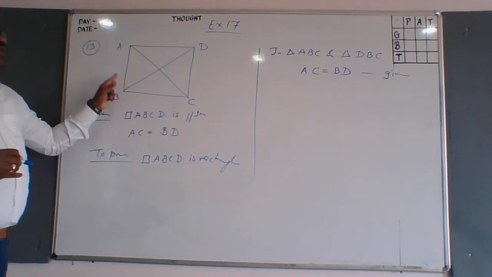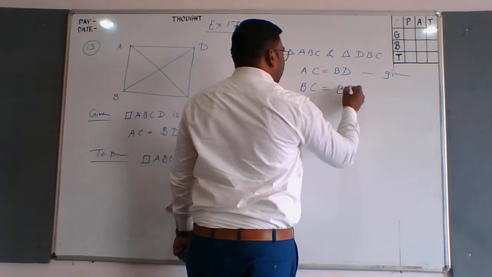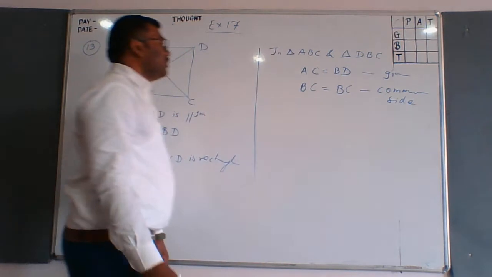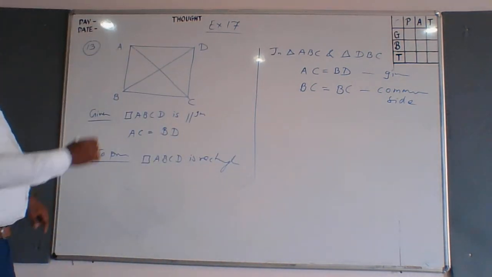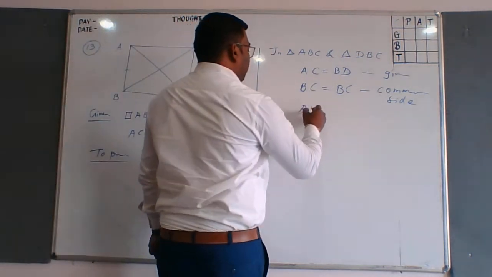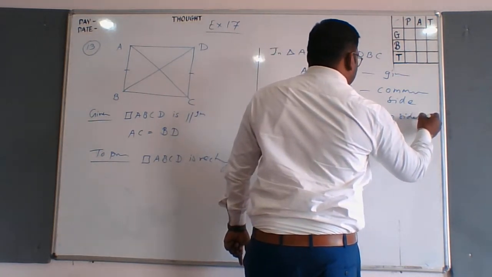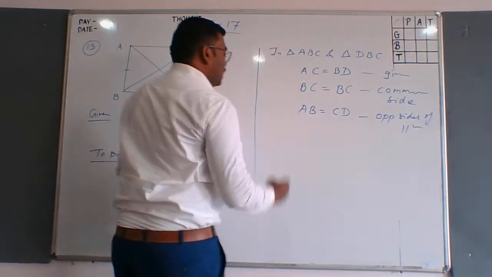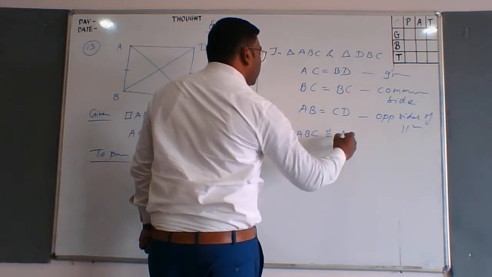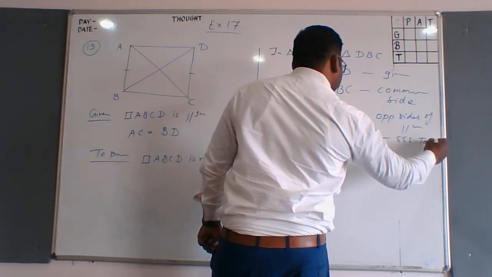Then this BC is the common side for both of the triangles. BC equals BC. This is the common side, right? And AB equals CD. The reason is opposite sides of a parallelogram. And therefore we can say that triangle ABC is congruent to triangle DCB by using the SSS test.